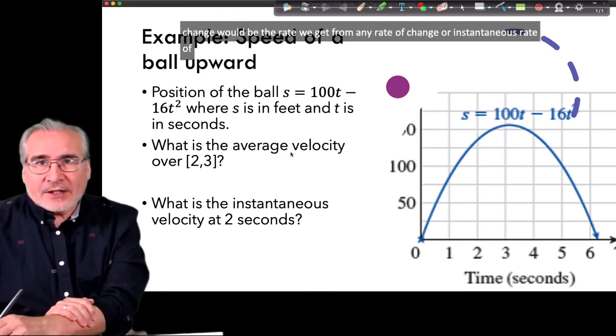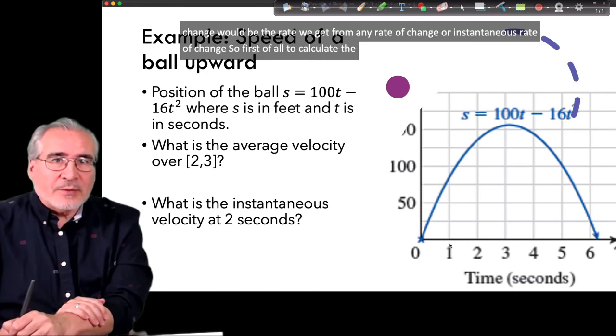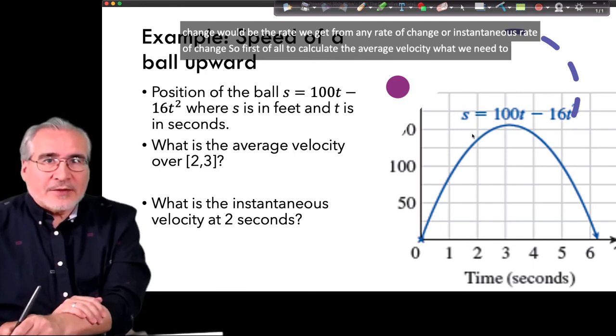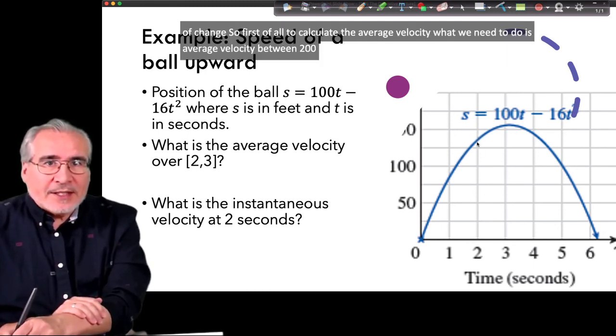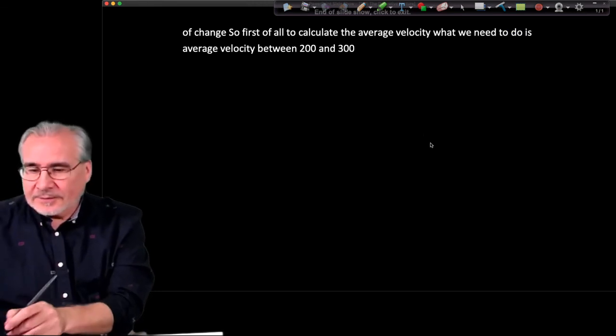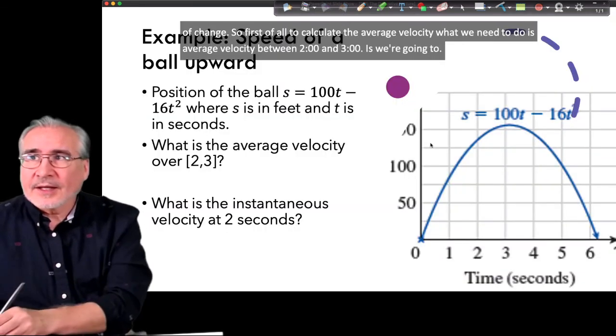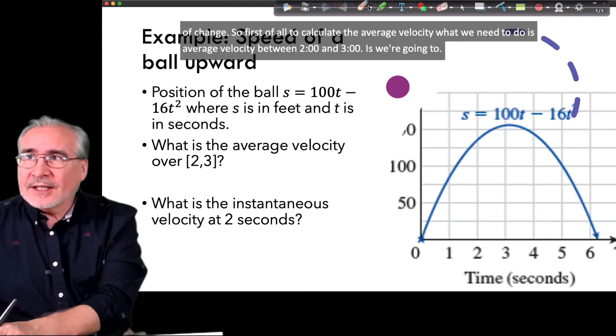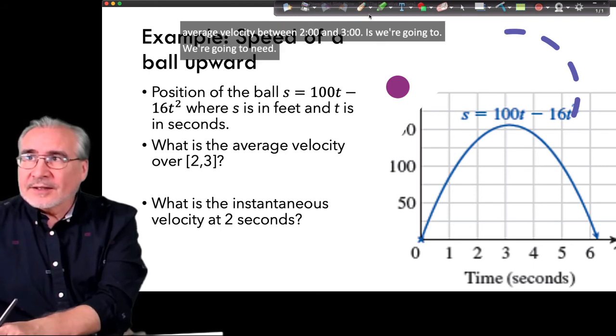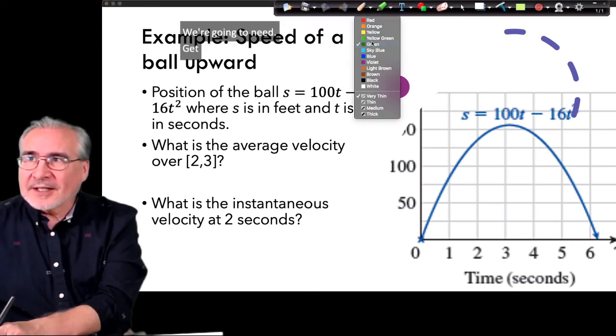So first of all, to calculate the average velocity between 2 and 3, we are going to need, let me get my pencil back.